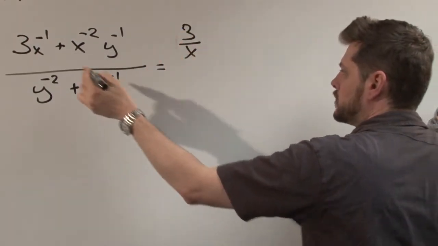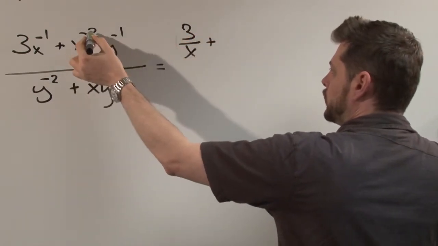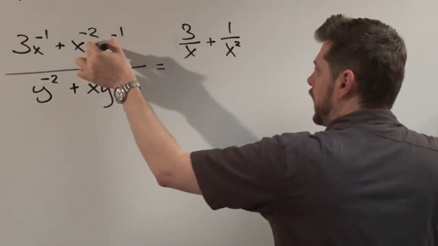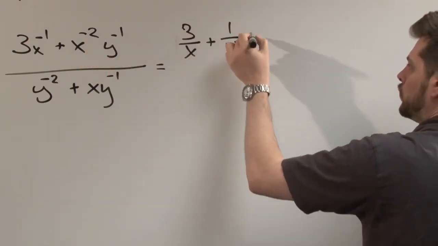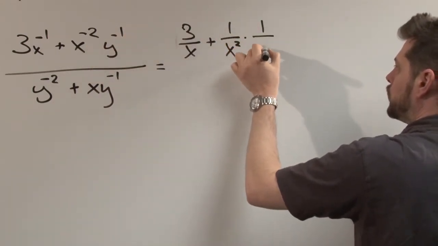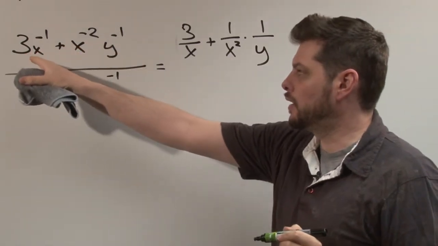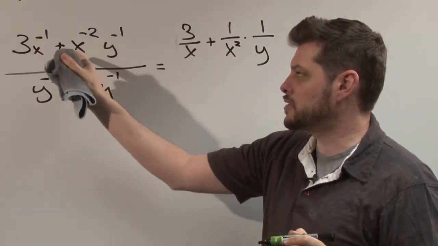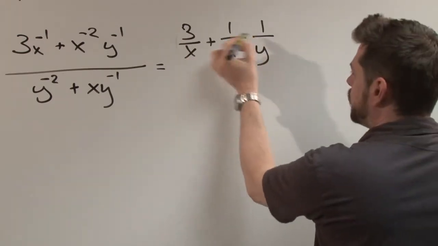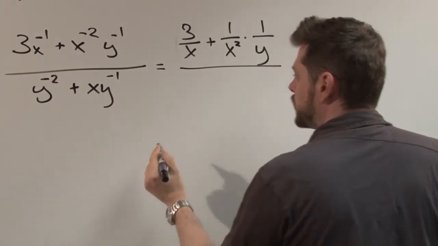Now I have plus x to the negative 2, which we write as 1 over x squared, and y to the negative 1, which is a multiplication here, can be rewritten as 1 over y. So even though initially it looks like we don't have any fractions at all, our negative exponents actually mean we have 3, and we'll combine these into 2 here in a second. And we'll probably have 2 fractions right here.